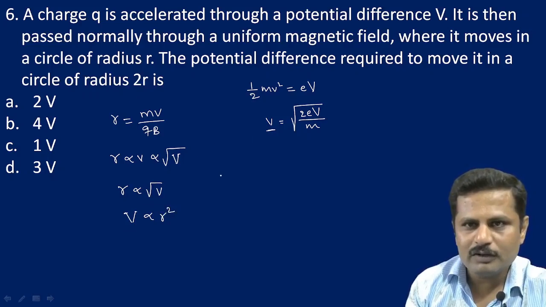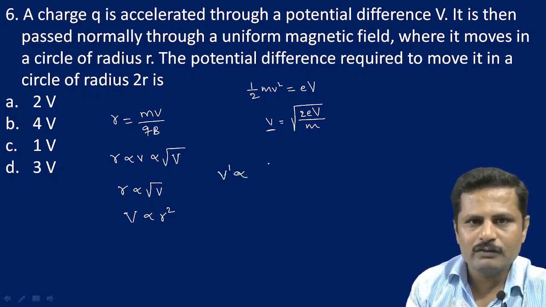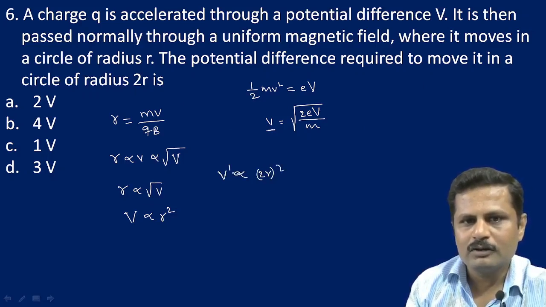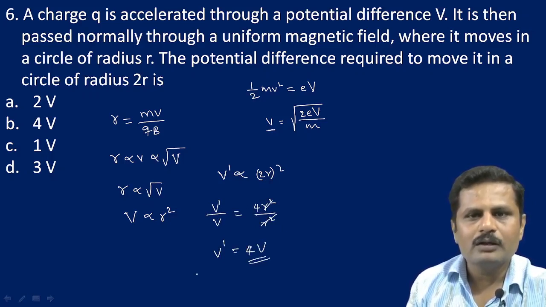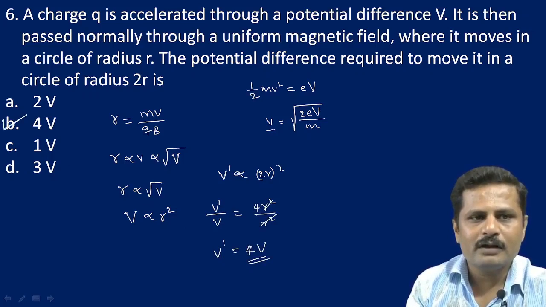Let me take the potential difference required as V dash, to move it in a circle of radius 2r, that is (2r) whole squared, because the potential difference V is directly proportional to r squared. So V dash divided by V gives us (2r) squared, which is nothing but 4r squared divided by r squared. r squared gets cancelled, so we get V dash equals 4V. So option B is the right answer.